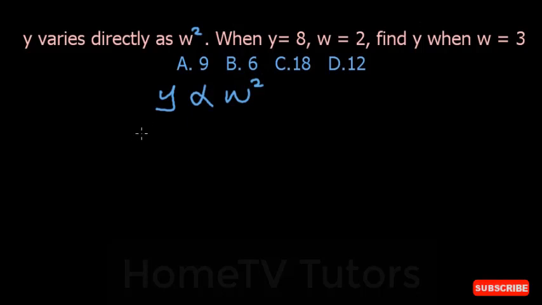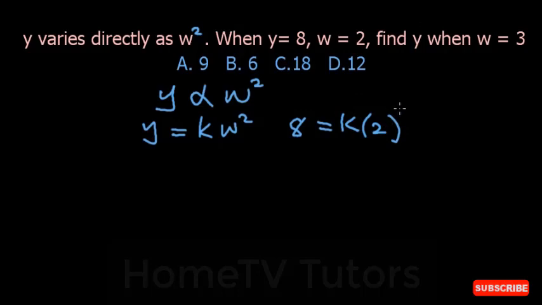Okay, so y is equal to constant times w square, and so we have y as 8, so 8 is equal to the constant, then w as 2, raised to power 2.